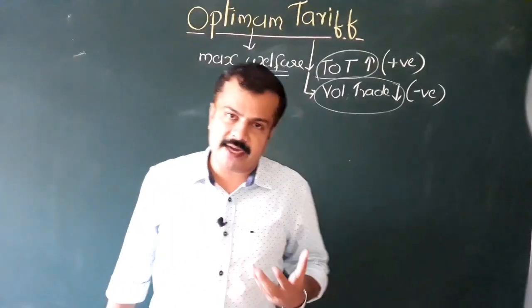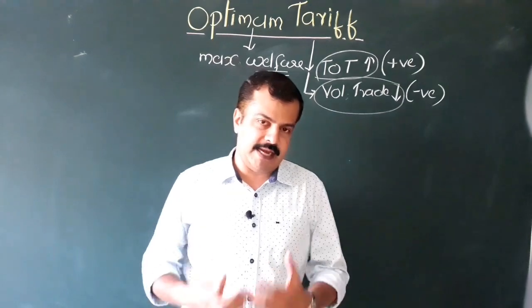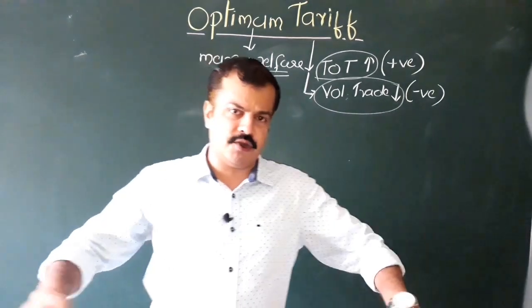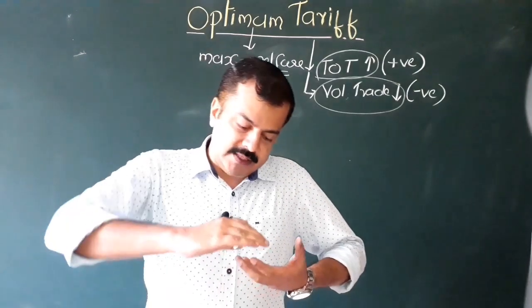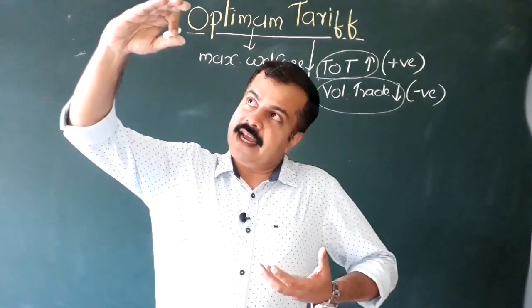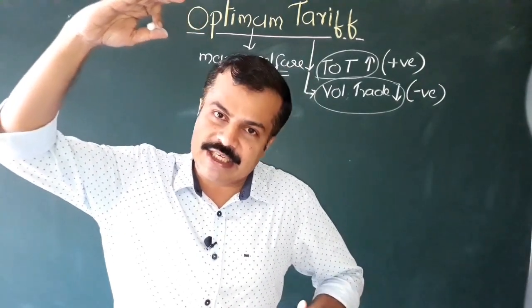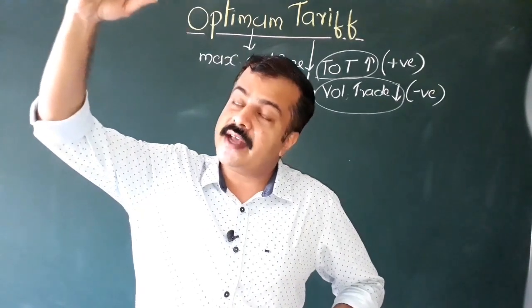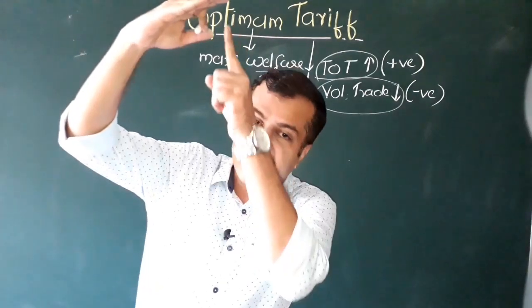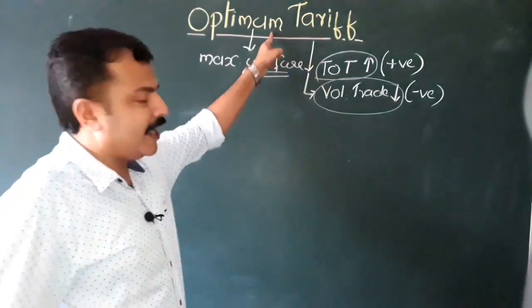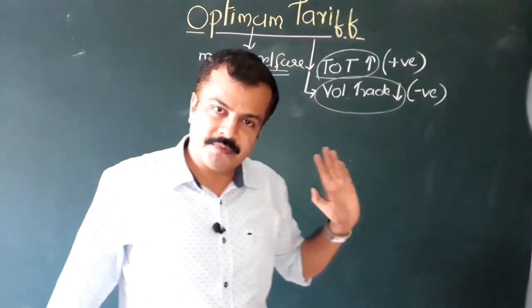For the time being, we will start with an assumption that there is no tariff, or we have free trade. When a country imposes tariff, the welfare will increase, and at a particular rate of tariff, the welfare will reach its maximum, its peak. That rate of tariff is known as the optimum tariff.